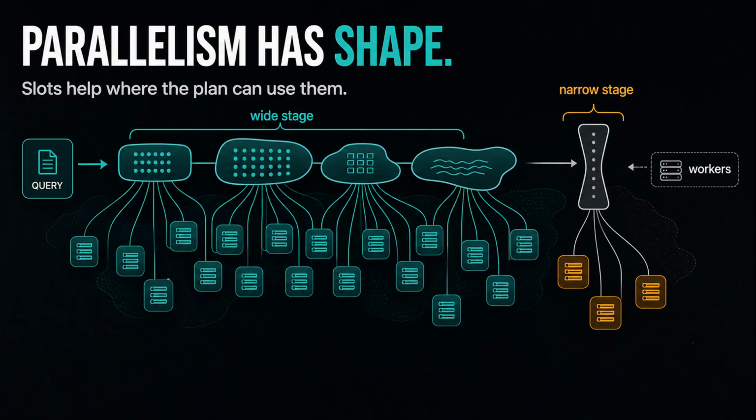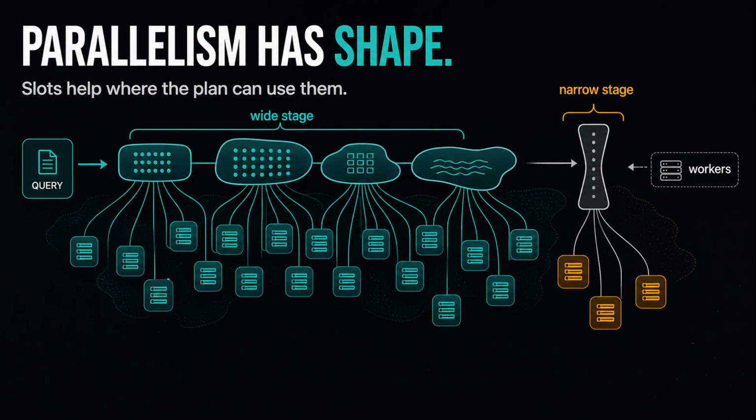A single query almost never runs as one serial task. Picture slots as a crew of temp workers you rent by the second. The scan splits into pieces they read in parallel. Aggregations happen in stages, and joins and sorts move data between those stages. Sure. So you are hiring more of that crew whenever the plan has parallel work to hand out, and paying them all to stand around when it doesn't.